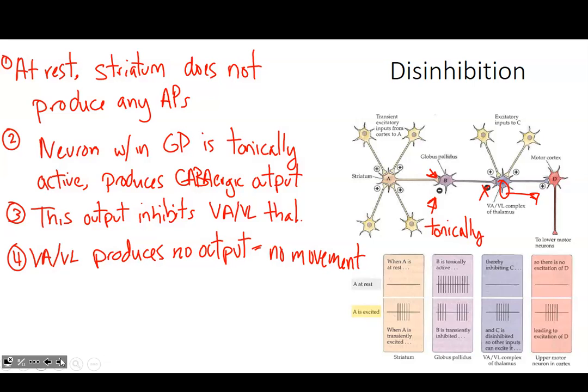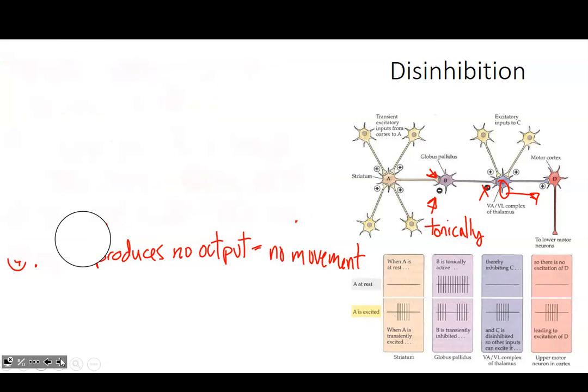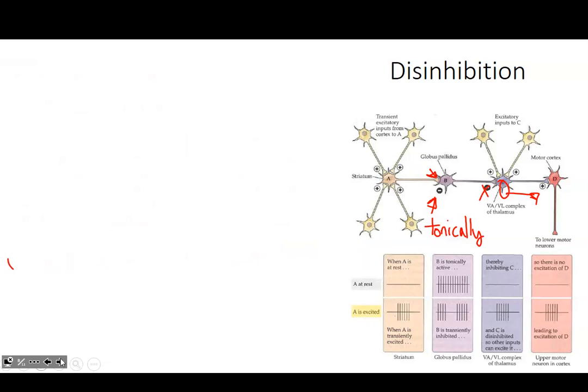Let's flip the script. What happens during a period of activity? Well, in this case, cortical projections excite the medium spiny neurons of the striatum.